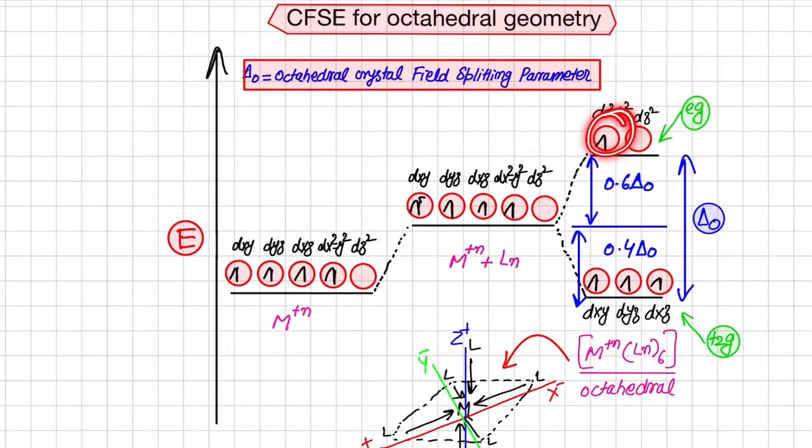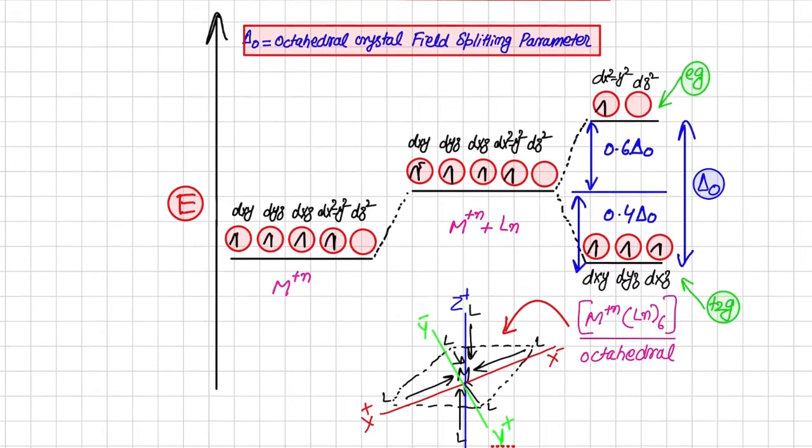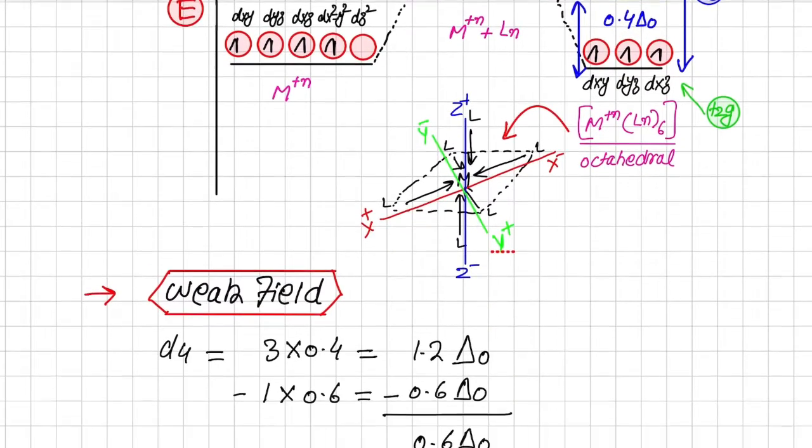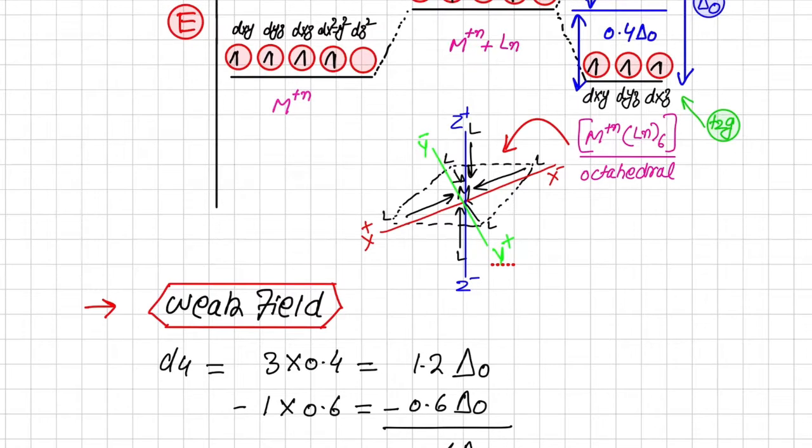So the fourth electron will be placed in the higher orbital because there is less gap due to the weak field ligand. So the calculation will be slightly different. First of all we will calculate the crystal field stabilization energy for the electrons that have gone into dxy, dyz and dxz. So 3 multiplied by 0.4 is equal to 1.2 delta O.